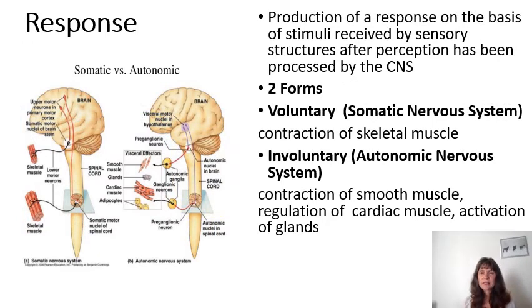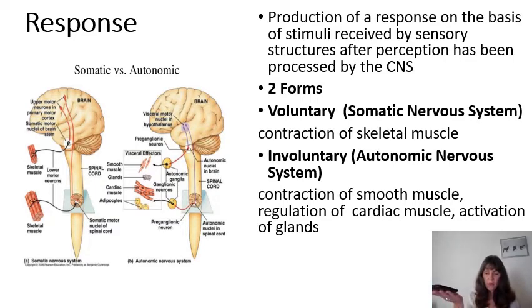A response is going to be produced based on the stimuli received by the sensory structures after perception has been processed by the CNS. The difference between sensation and perception: a sensation is merely the reception of some kind of stimulus. The perception occurs when the central nervous system processes the information.